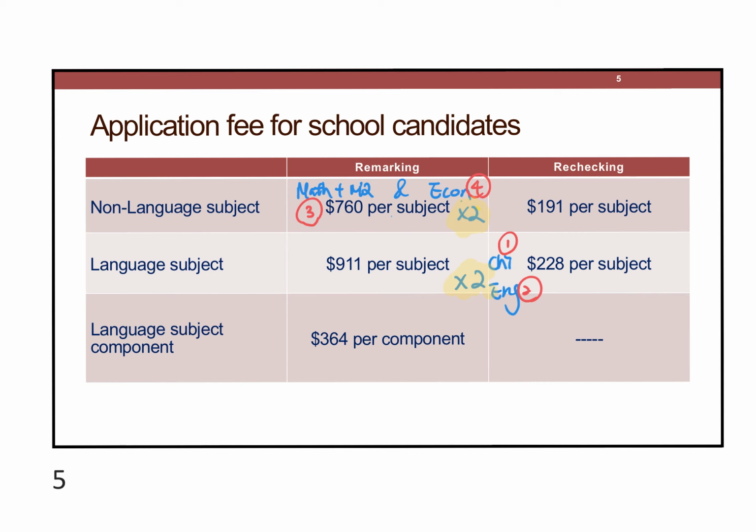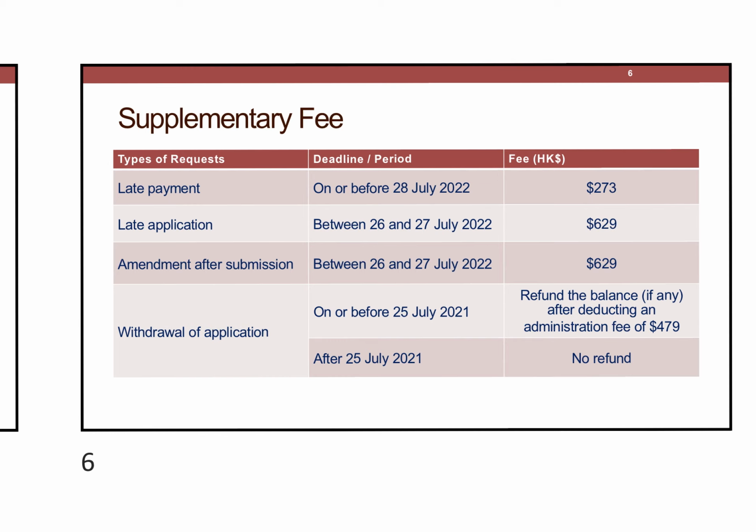By referring to this table, if you want all the 3 Chinese language papers, all the 3 English language papers, core math and M2 plus economics paper to be remarked, the fee for these 4 subjects would be 911 plus 911 plus 2 non-language subjects, that is 760 times 2. The total sum would be 3,342.